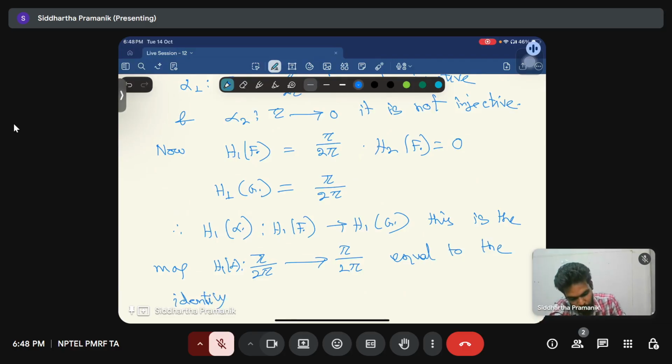So at the homology level, it becomes the identity map. So it is an isomorphism. So at the homology level, it is an isomorphism, but the original map between complexes is not an isomorphism. So this is a counterexample for the second part.